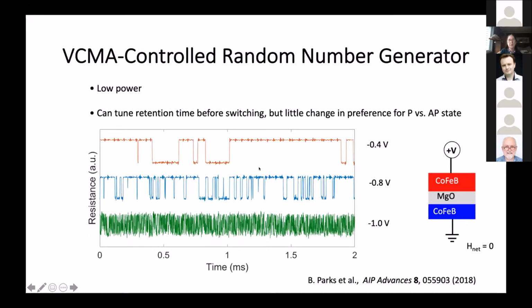And that is very characteristic of these perpendicular devices. And so for logic gate applications where you want to have a preference for parallel or anti-parallel, we don't think that these are as good.